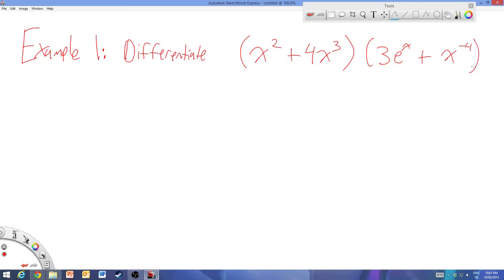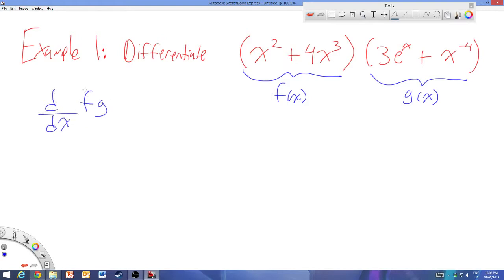Alright, so let's call this f of x, and let's call this g of x. Okay, so the derivative d dx of f times g is, again, if you remember, f times g prime plus g times f prime. So f of x is just the first function, so x squared plus 4x cubed.